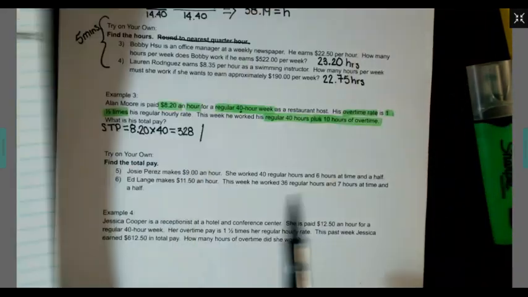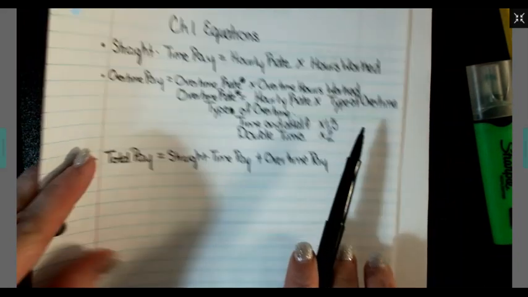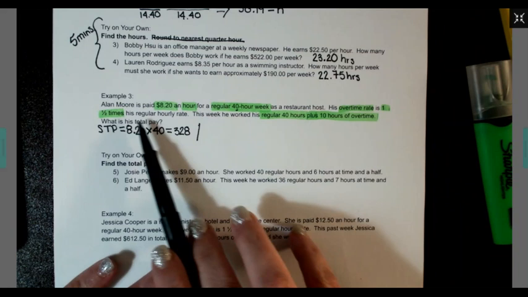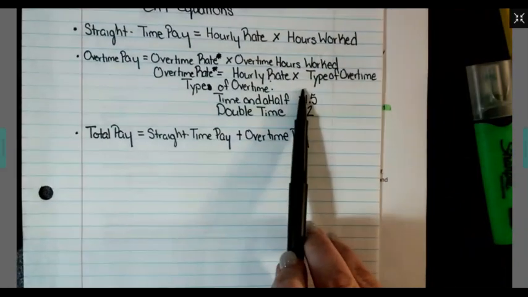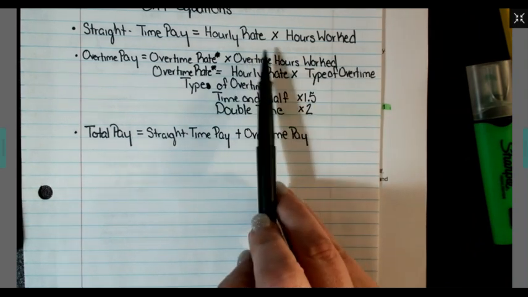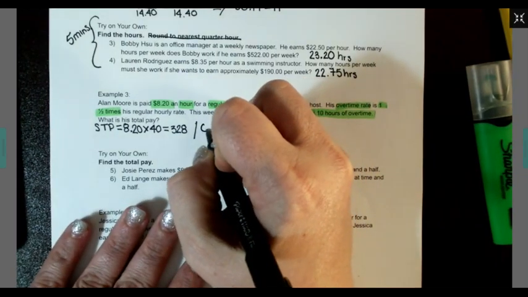I just used it for the first part, $8.20. What was his type of overtime? It said his overtime rate is 1.5 times. So it's going to be times 1.5. And then times the number of hours that we work. Okay, so that's a lot. Let's take this step by step.